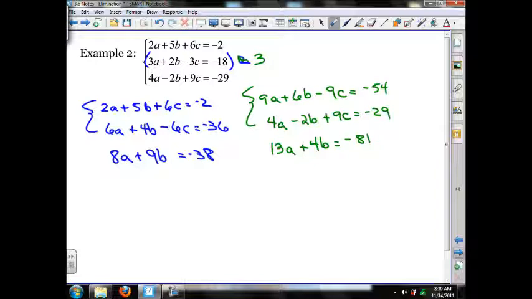I believe my 2 equations are 8a plus 9b equals -38, and 13a plus 4b equals -81.